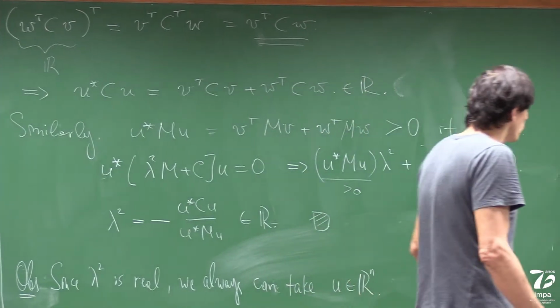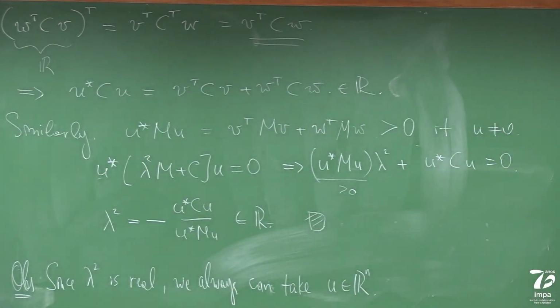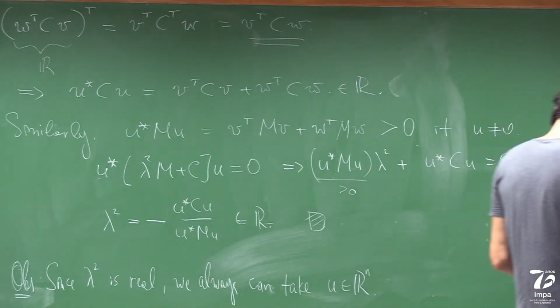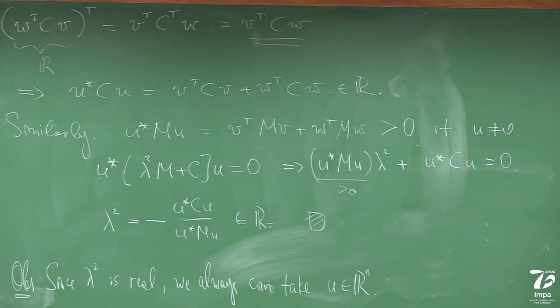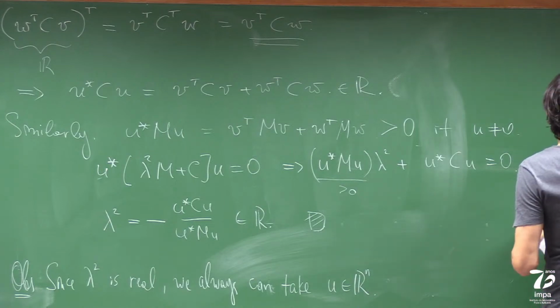So now we have this solution. We found the way to find solutions of this form, and let's see what the properties of these solutions are. There are three cases.